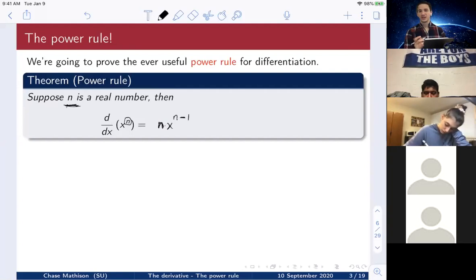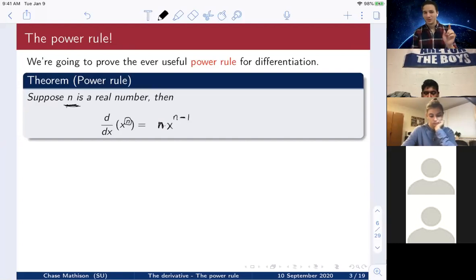I'm only going to prove it today for positive integers. Later, you'll have the tools to be able to prove it in general. Right now, we only have the tools to prove it for positive integers. Before I prove this, I'm going to ask a question. I think I probably know the answer already.